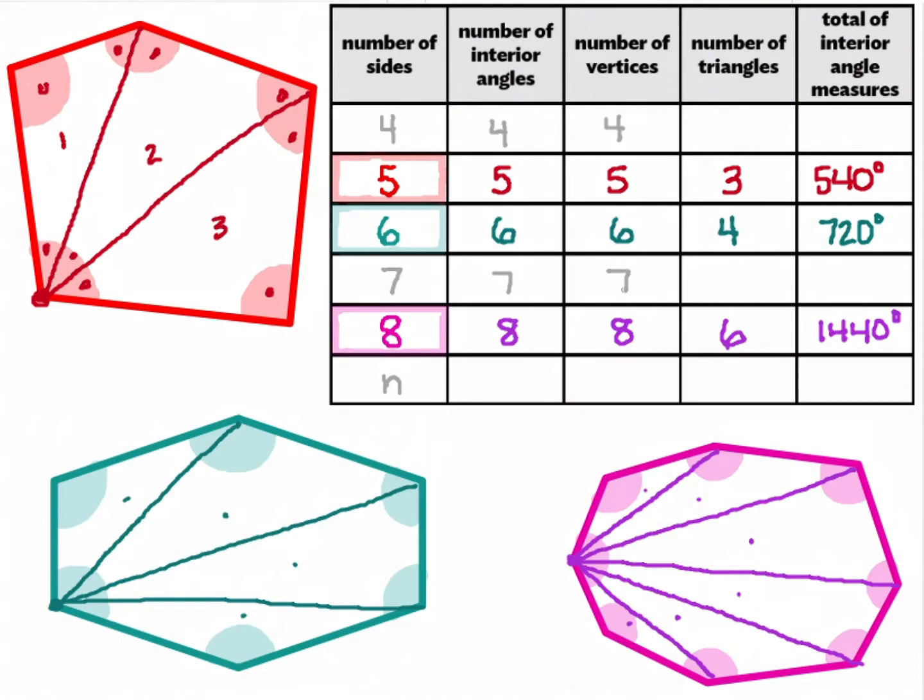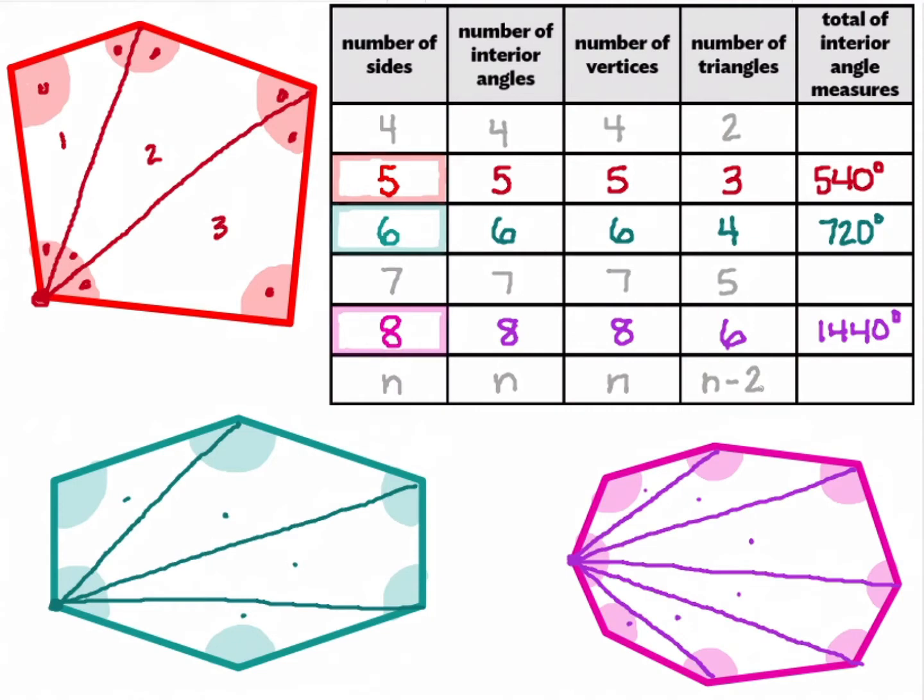We could even do in general, if there were n sides, there would be n interior angles and n vertices. What was the pattern for number of triangles? It's always 2 less than the number of sides. And so, like a square, you could split that into 2 triangles by connecting the vertices. A heptagon, we'd be able to make 5 triangles. An n-gon, just 2 less than however many sides there were.